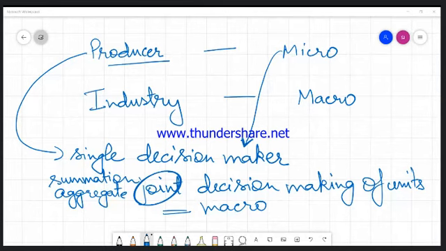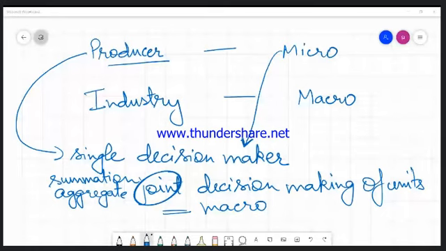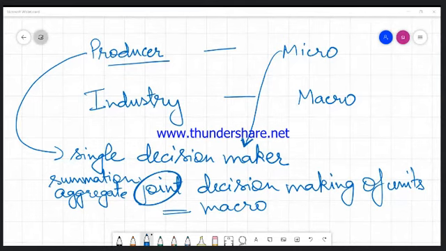So whatever you are writing, don't see it like this. Microeconomics is not a subset of macroeconomics. Macroeconomics is not the summation of microeconomics. Don't understand it like that. You are not actually getting the right idea, so don't just fantasize the things.